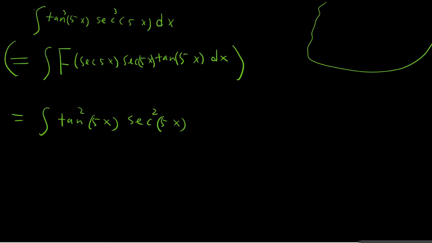Originally you had to the power of 3, right? You leave out the secant of 5x, and then times tan of 5x. Okay, so the given integral is equal to what I just wrote, the converted form.